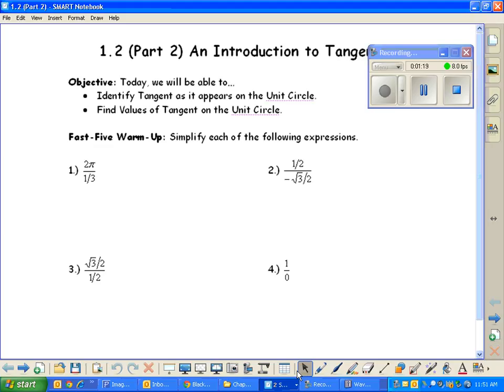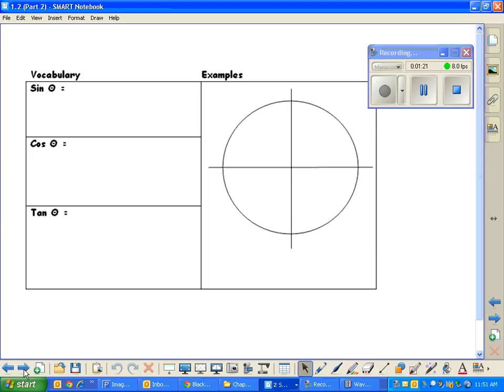All right, these are our notes for today. The first thing I want you to take some time to do, I'm going to do it as well. I'm going to label with the point, so this is 0, it's also 2 pi, it's also 360. Do that with all the axes and make sure you put the coordinate. This is 1, 0.